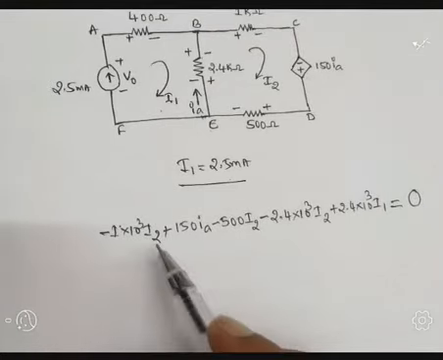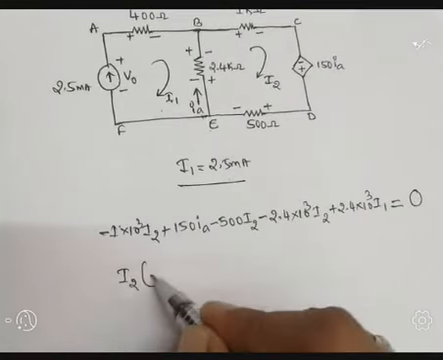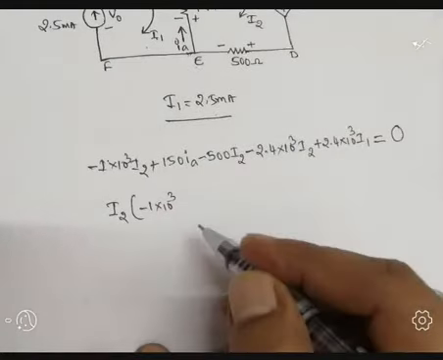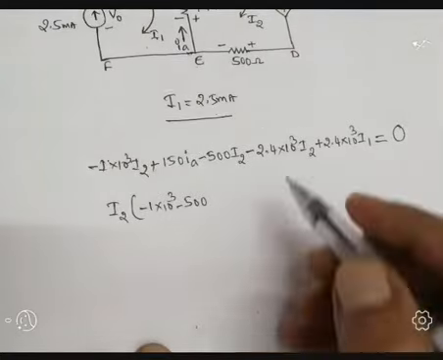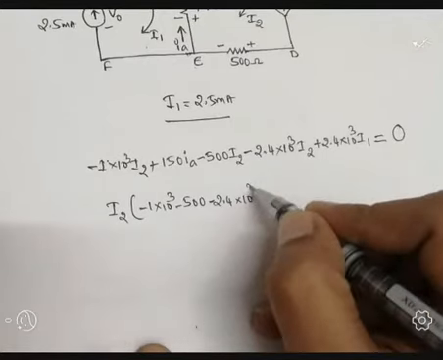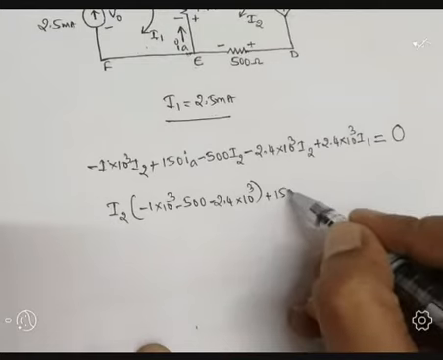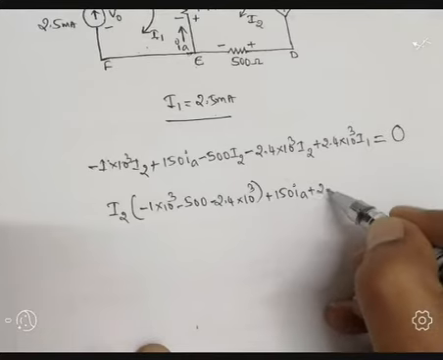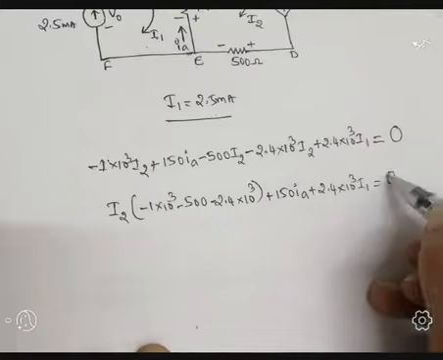Now observe the coefficients of I2. Write one side. I will take I2 common. Taking I2 common, we get minus 1 into 10 to the power 3, minus 500, minus 2.4 into 10 to the power 3, and the remaining terms, that is 150 I suffix A, plus 2.4 into 10 to the power 3 I1 is equal to 0.